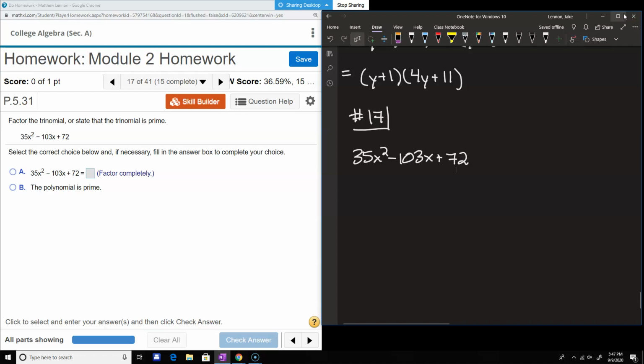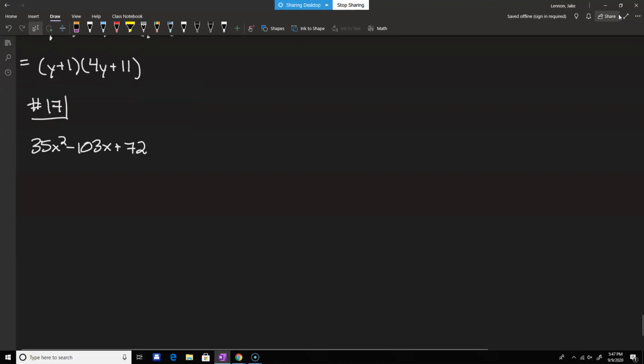What we would do is multiply 35 times 72. So let's go ahead and do that. Appealing to the calculator. So 35 times 72 is 2520.